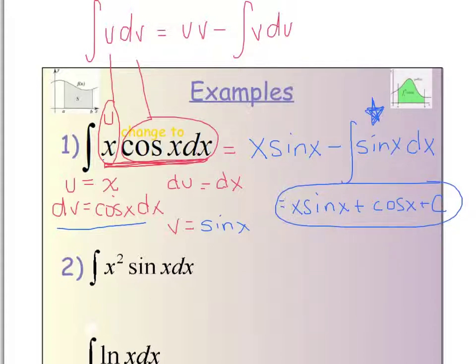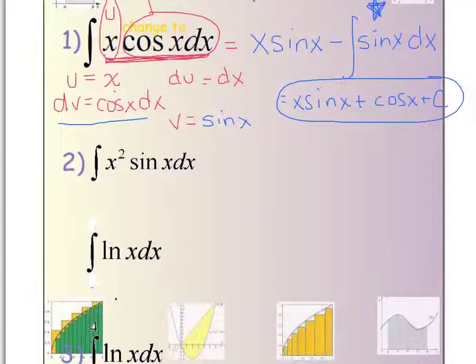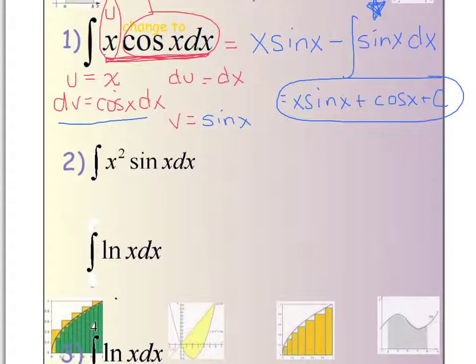On to the next example. x squared sine of x. So let u equal, L-I-A-T-E, remember, L-I-A-T-E. Log, nope. Inverse trig, nope. Algebraic, yep. x squared.